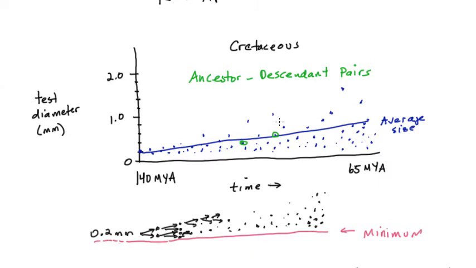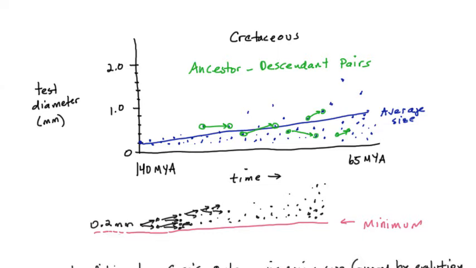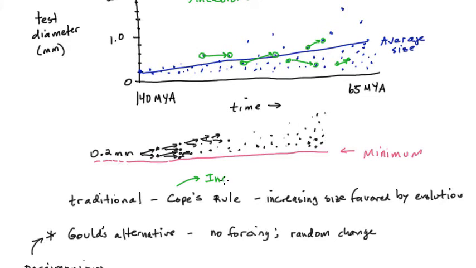If you were to draw in all the lines connecting ancestors with their descendants, is the slope of that line usually inclining? Because if there were a systematic favoring of evolution towards larger body size, you would expect a bias in favor of increasing size, more lines sloping upwards than downwards, increases greater than decreases.